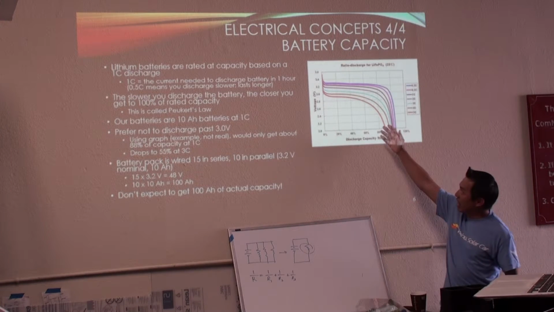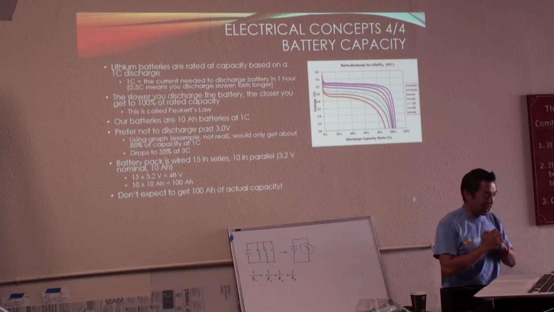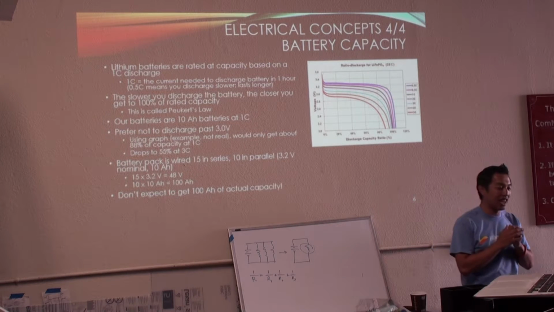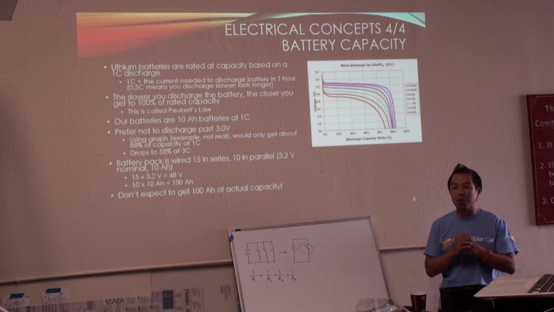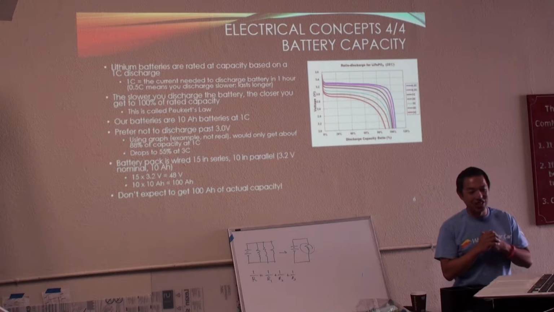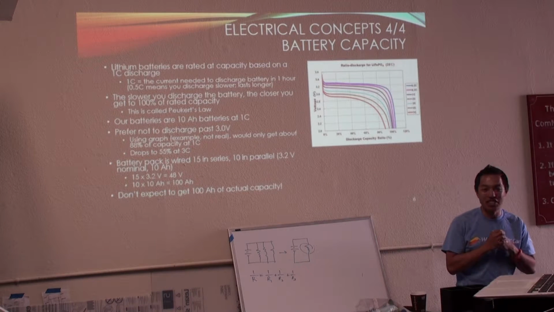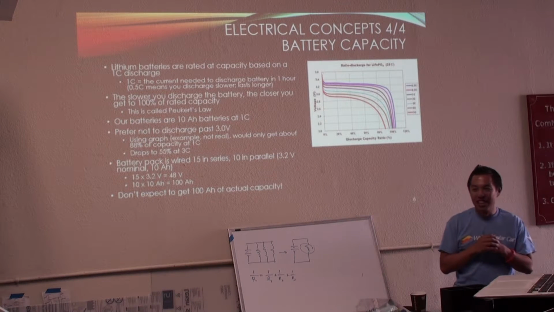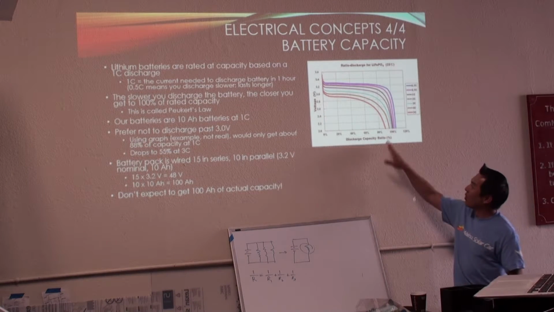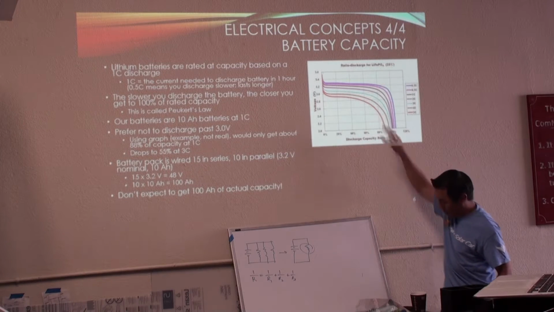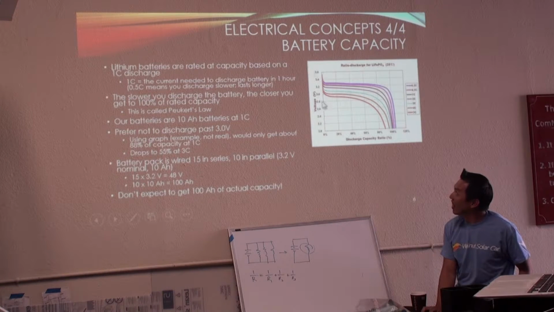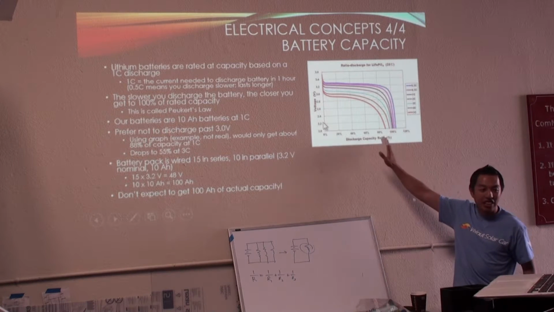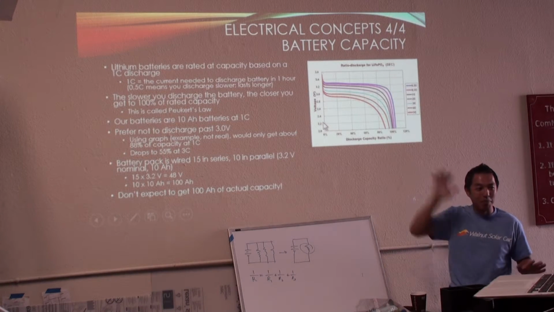And if you look at it, the other thing about our batteries is lithium batteries, we're really trying not to get the batteries below 3 volts. It starts doing some real damage, and if below 2, they're dead. So you have to look at a 3.0 voltage line right there, and this graph is not representative of the batteries we have.